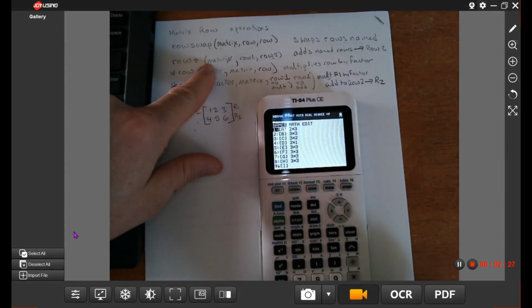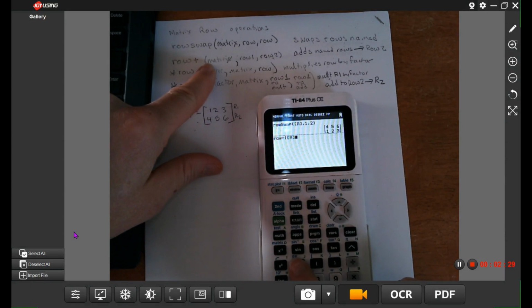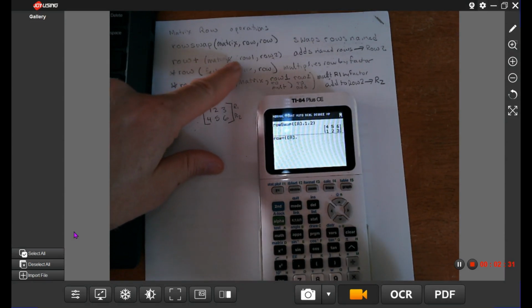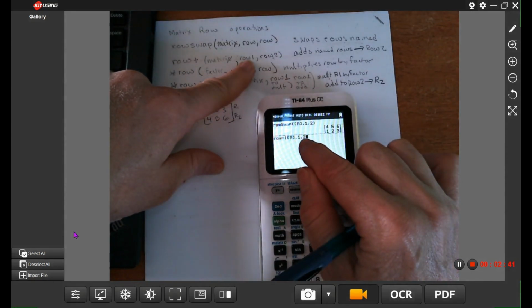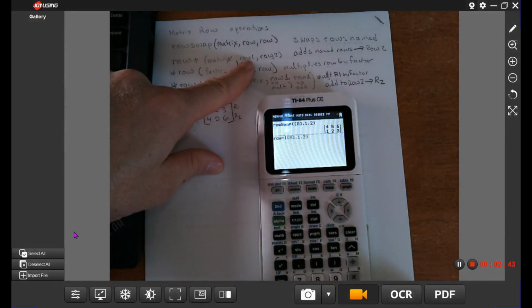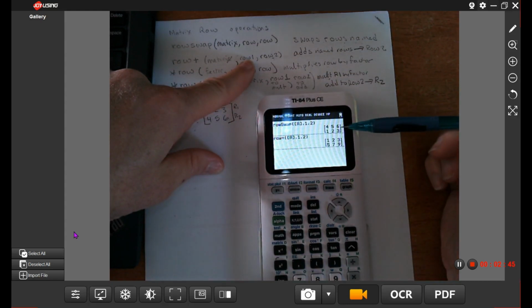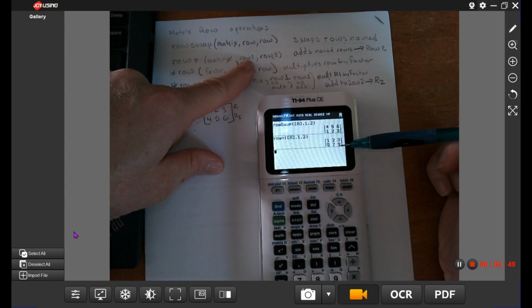So again, matrix menu, choose my matrix, comma, and then I'm going to take row 1, so comma, add it to row 2, comma, and it always puts it into the second one you entered, so close it. Notice it did in fact add these 2 rows and replace them into the second row.